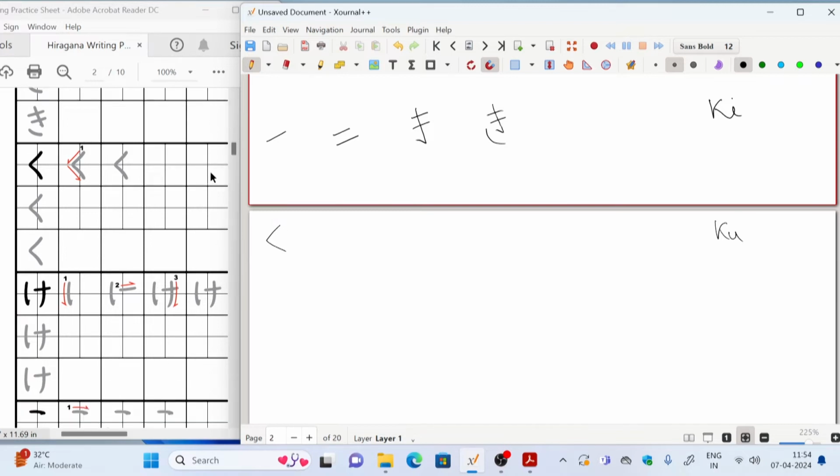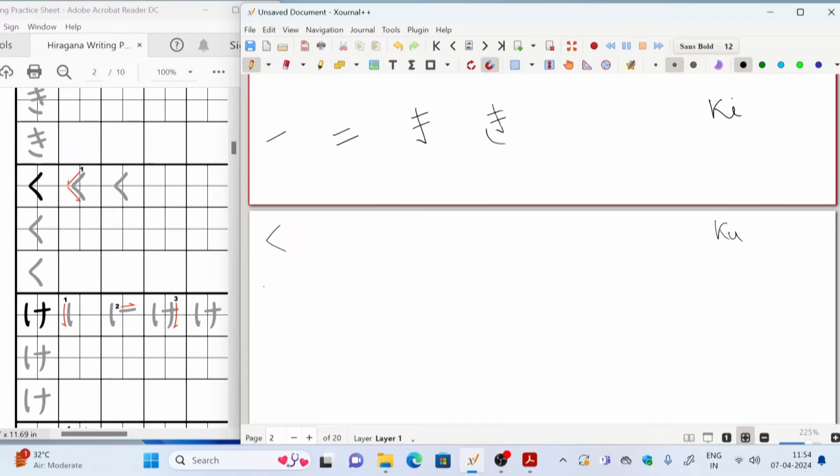Next is Ke. First stroke, second stroke, third stroke. So these lines are not straight lines, these are little curves, and this is how we write a perfect letter. This is Ke.